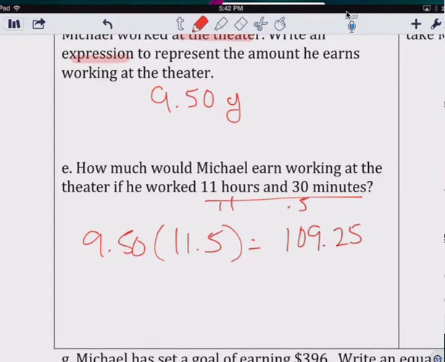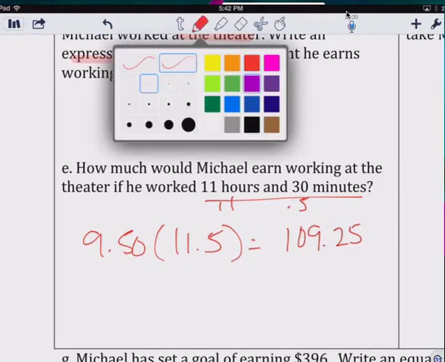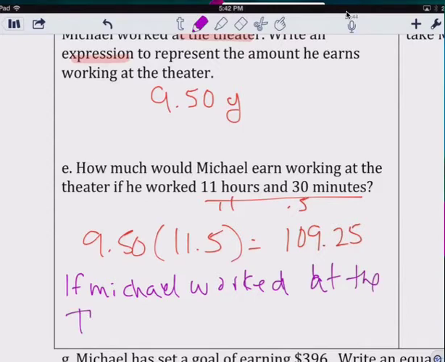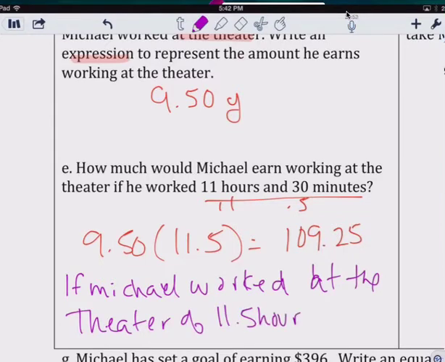So if Michael worked at the theater for 11 and a half hours, he would earn $109.25.